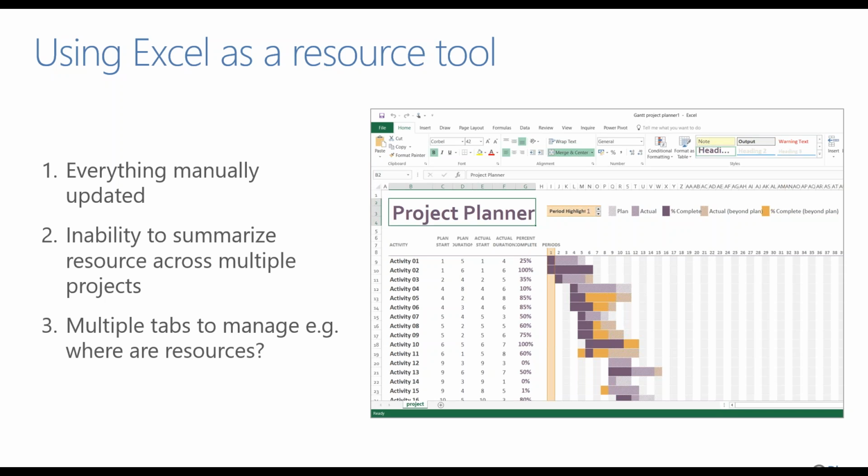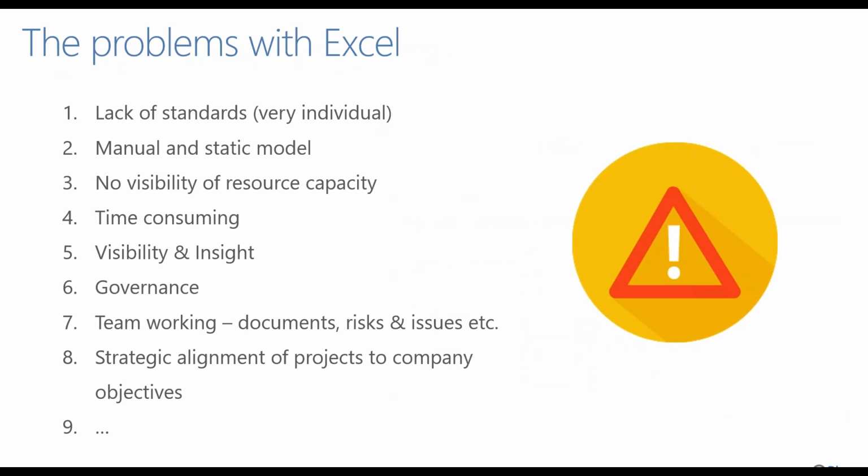And it provides a very static model that has to be updated in a labor-intensive way. It also provides the inability to summarize resources across multiple projects very easily, and sometimes requires, say, multiple tabs to manage different resource forecasts, different groups, et cetera, in order to make those things happen. So there are definitely constraints. It is a static model, and it's not designed to be fluid and move as projects and resource pools move.